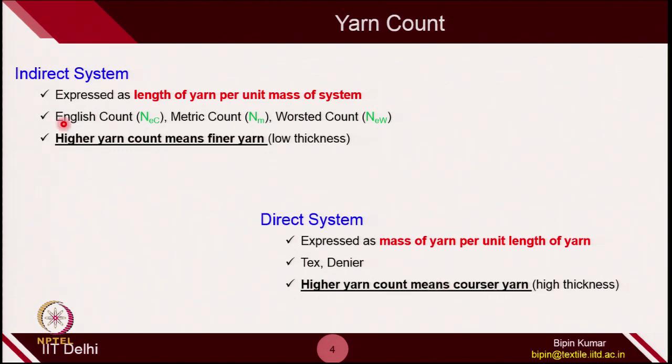So, this is the common difference: in the indirect system, higher yarn count means finer yarn, but in the direct system, higher yarn count means coarser yarn, higher thickness. It is better to clarify this so that you are clear about whether you are following the direct or indirect system for representing yarn count.